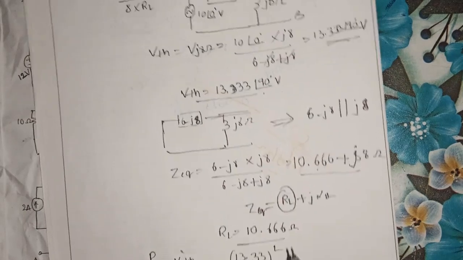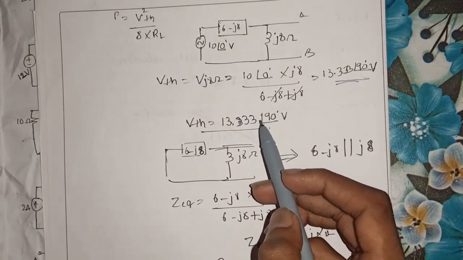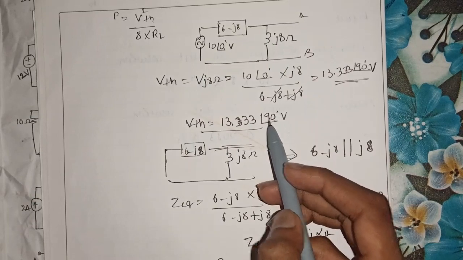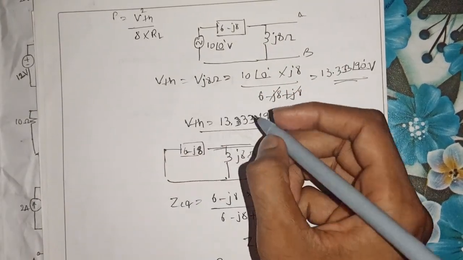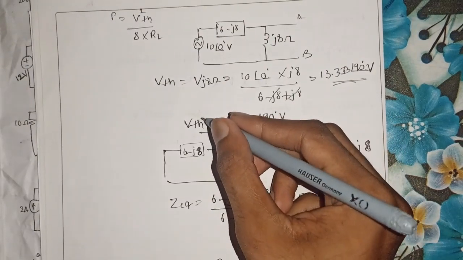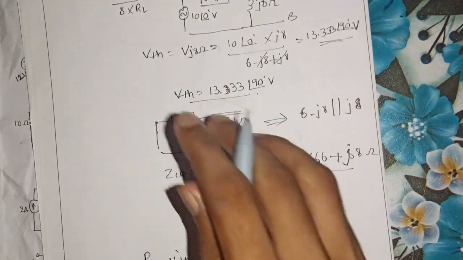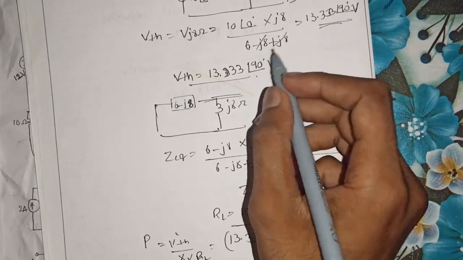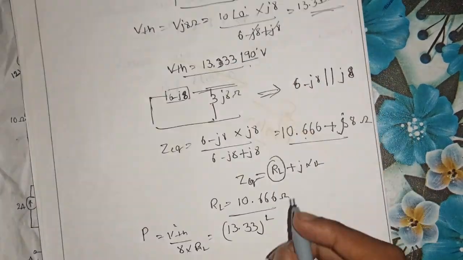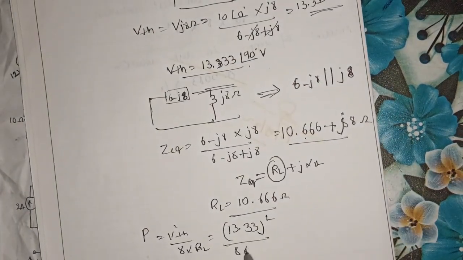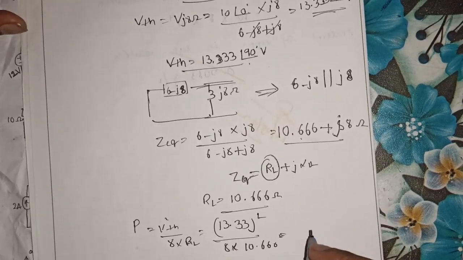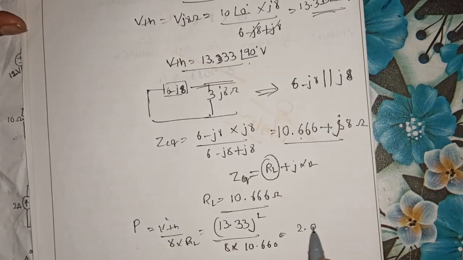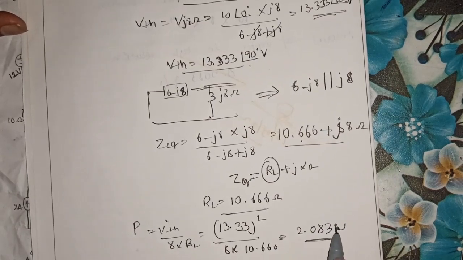13.333 squared. Obviously we should not consider the 90 degree angle because we cannot square it, and since the voltage is considered as a scalar quantity here, not a vector quantity, you can neglect the 90 degree. Divided by 8 multiplied by RL, which is 10.666, we end up with a value equal to 2.083 watts.